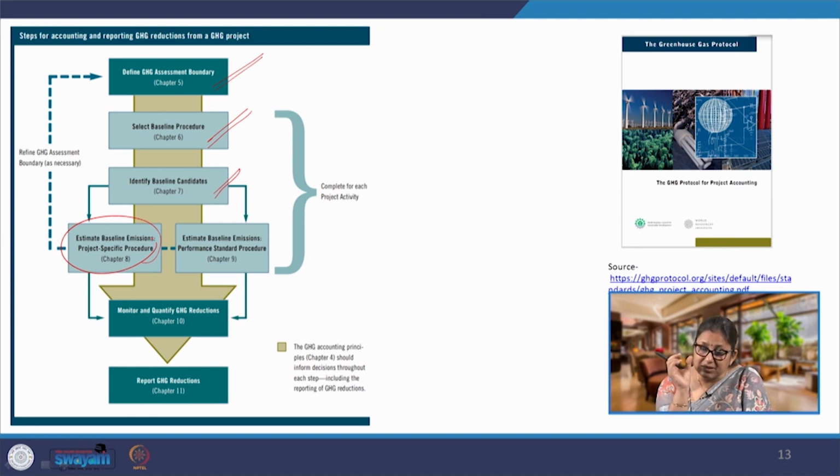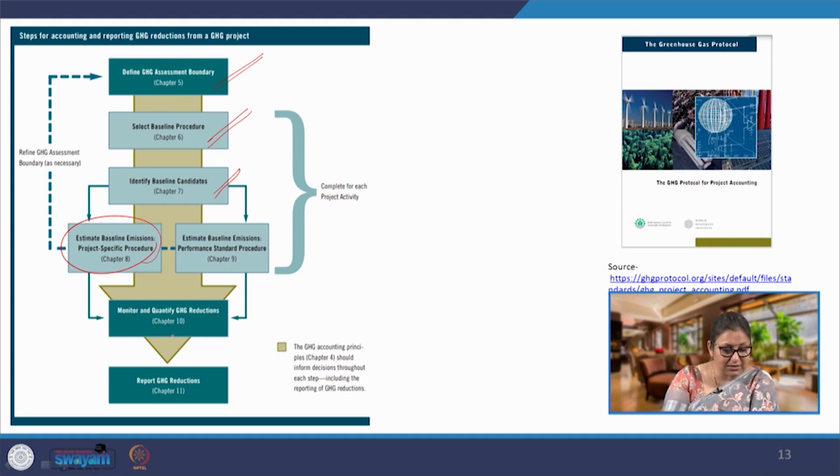So, sector specific, industry specific, project specific procedures and activities are going to be considered here for estimating the baseline emissions. In the case of performance standard procedures, we will be using the standardized, average numbers for the industries or for the activities, and go ahead with estimating the baseline emissions.